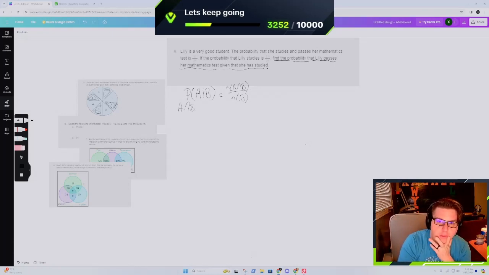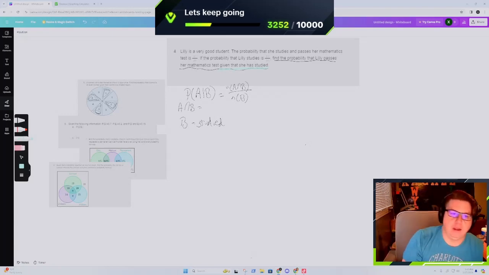So find the probability Lily passes her math test given that she studied. So we have to look at studied for our given, because that's what it says: given that she studied. So that's already telling us what our B is. And now we want to know pass and studied.